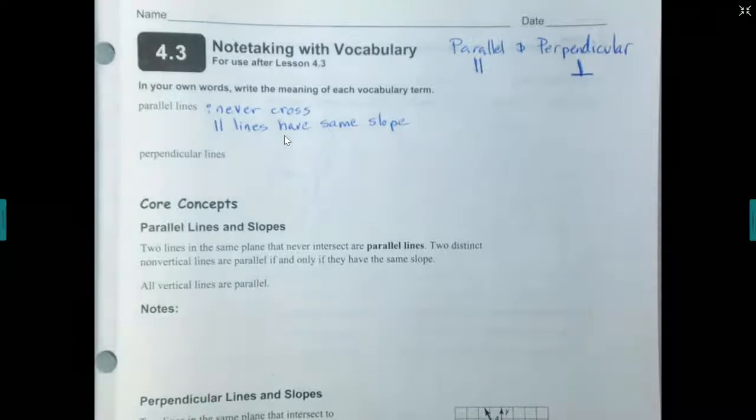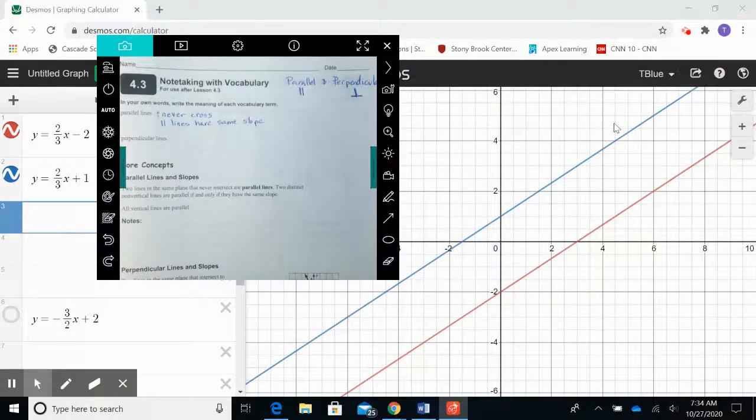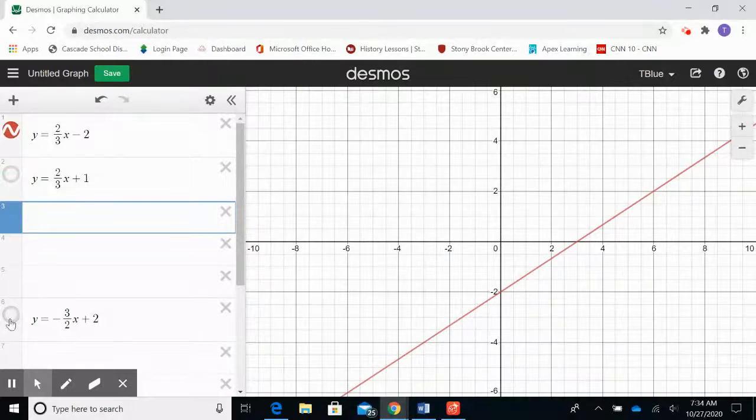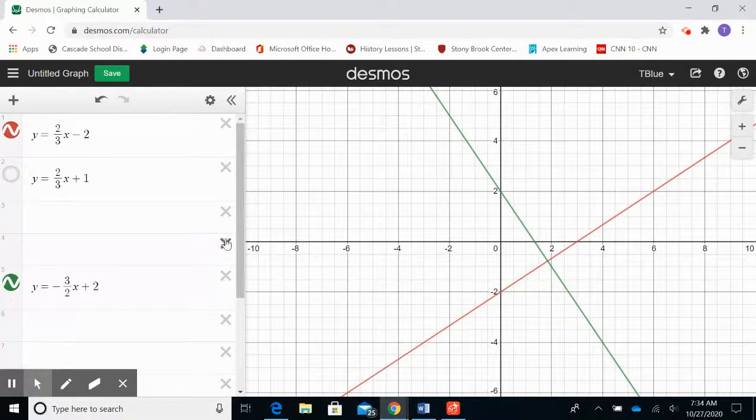Alright, now let's look at perpendicular lines. So let's take this one out and let's add a perpendicular line. If you see, this line crosses. It's perpendicular. And what perpendicular means is it crosses at a 90 degree angle. So the green and the red lines are at 90 degrees. They're essentially opposite.